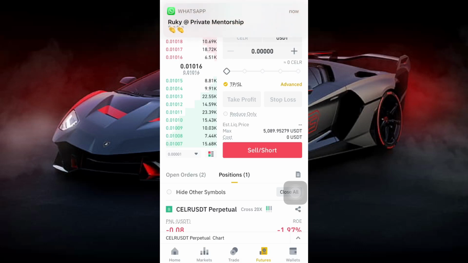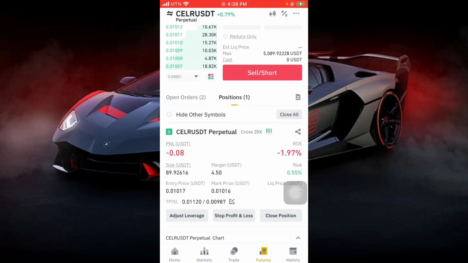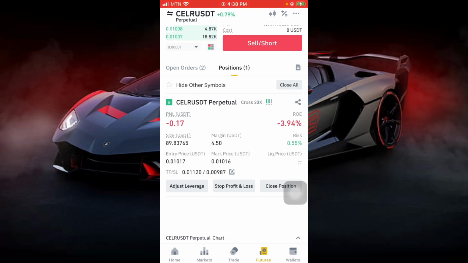Go on the range of $4 to $5. Then we have adjust leverage and we have take profit and stop loss. Currently I'm trading on USDT perpetual, cross margin 20x. We have size 82, margin 4.49.